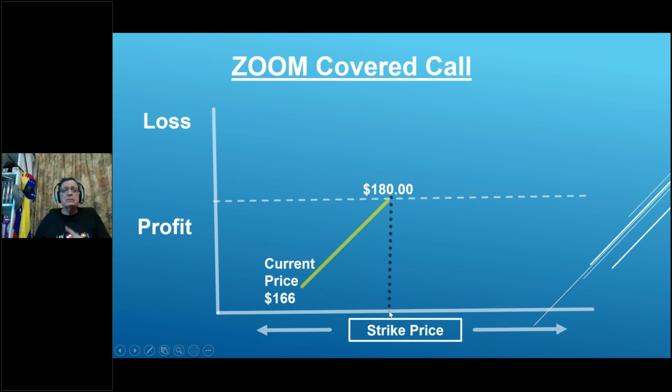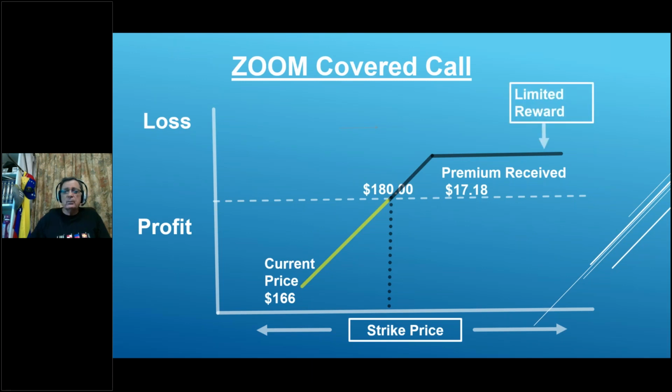The strike price that I am selling is this one right here, $180. So it's got to go up 14 bucks for me to do something. Now, the moment I sell this, what happens? I'm going to receive the premium of $17.18.